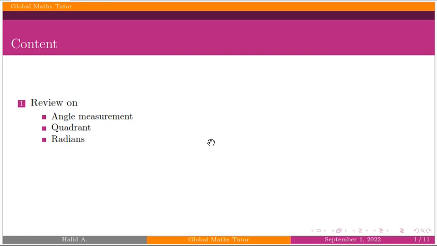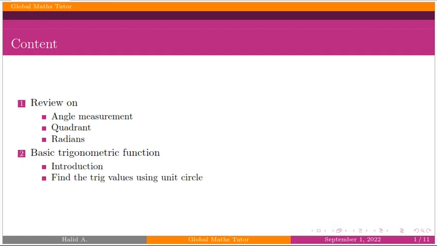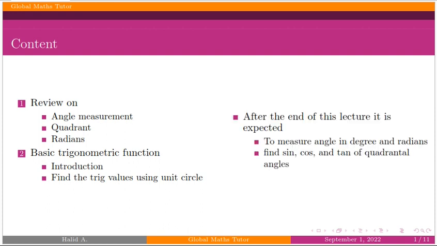After reviewing these concepts, we will see the introduction to the basic trigonometric functions, and then we will use these definitions to find trig values using unit circles. So in this lecture, you are expected to be able to measure an angle in degrees and radians, and also find sine, cosine and tangent values of quadrantal angles. We will see what quadrantal angles are later on.